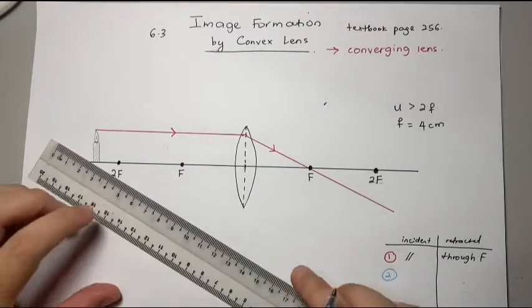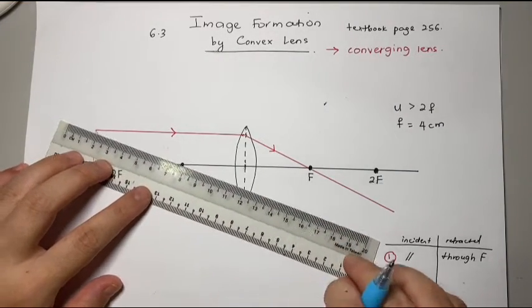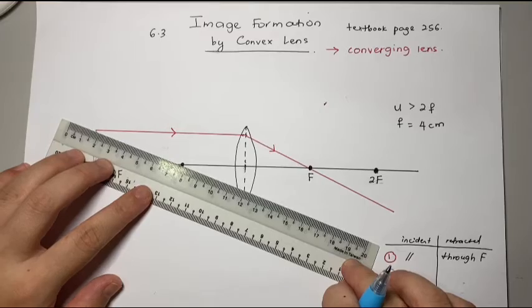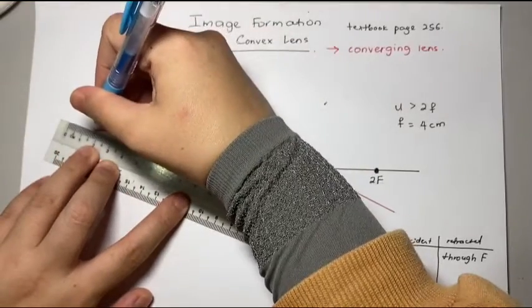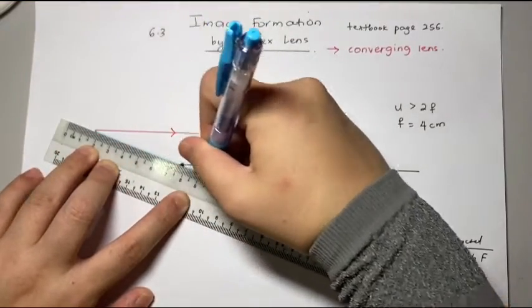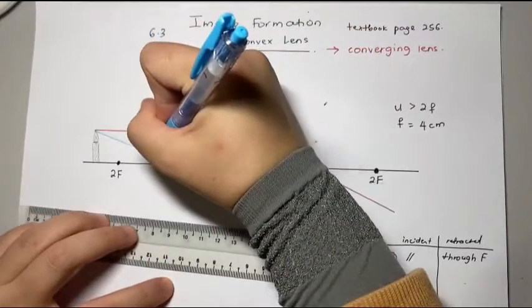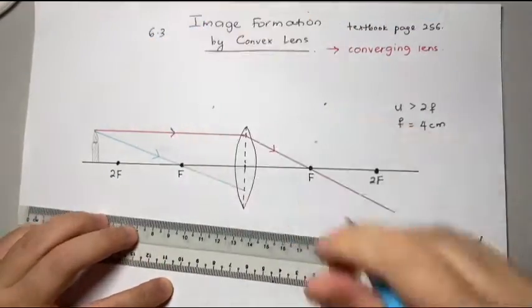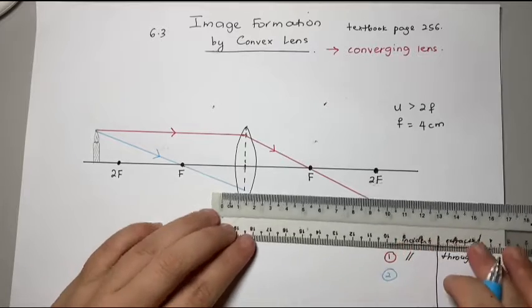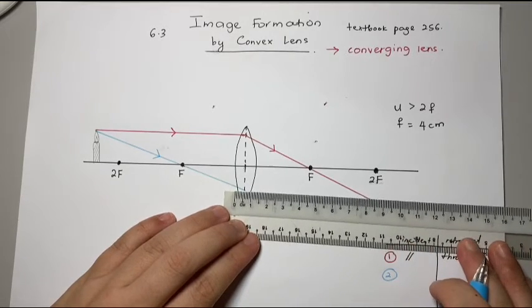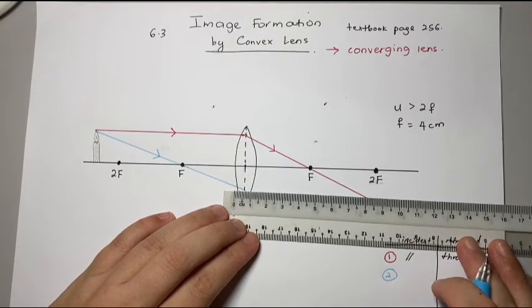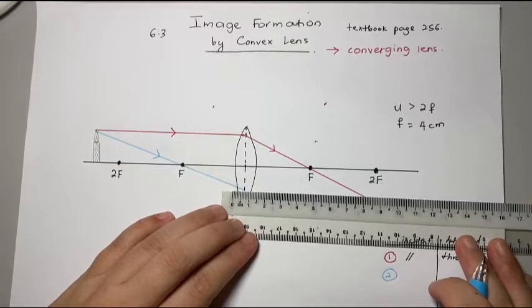My second ray would be towards F, and then refracted parallel to my principal axis.